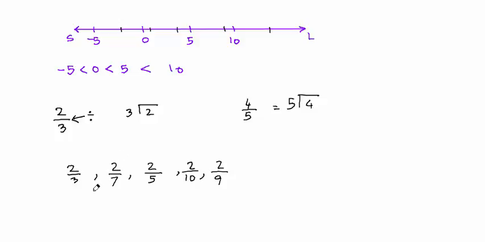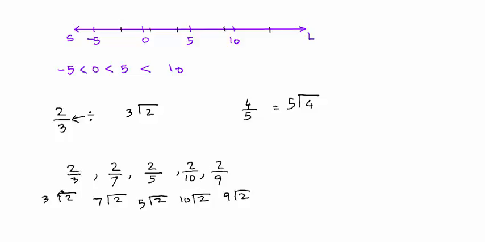Essentially you are dividing the number 2 by each one of these different numbers. Given the same dividend, in this case 2, the smaller the divisor, the larger the value of the answer or the quotient, and therefore the larger the value of the fraction. And the larger the divisor, the smaller the quotient or the value of the fraction.